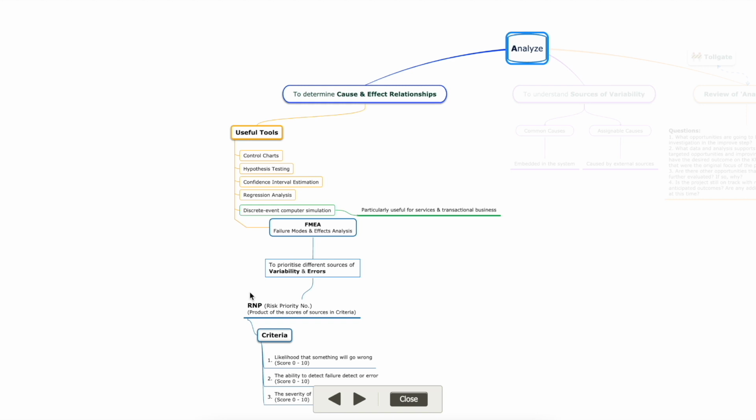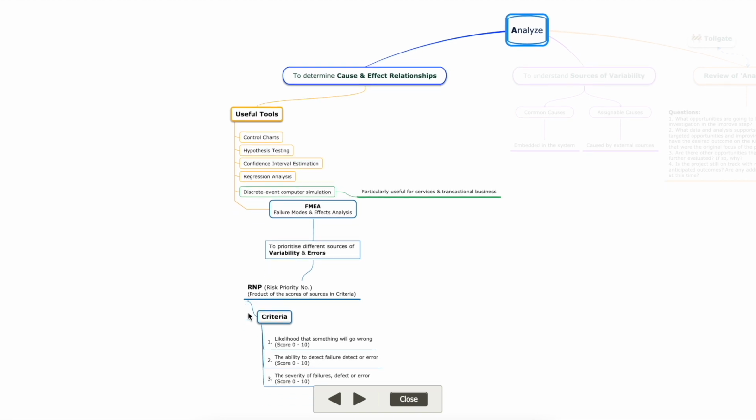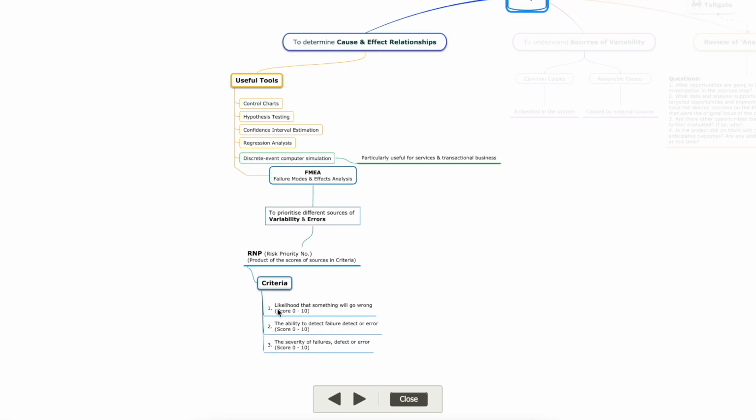The risk priority number is calculated on certain criteria. There are three criteria: the likelihood of something going wrong. We give it a score of 0 to 10, that is, how likely it is that something will go wrong. Is it very likely, or very less likely, or not likely at all? Not likely, we give 0 marks. If it's extremely likely that something will go wrong, we give it 10 marks.